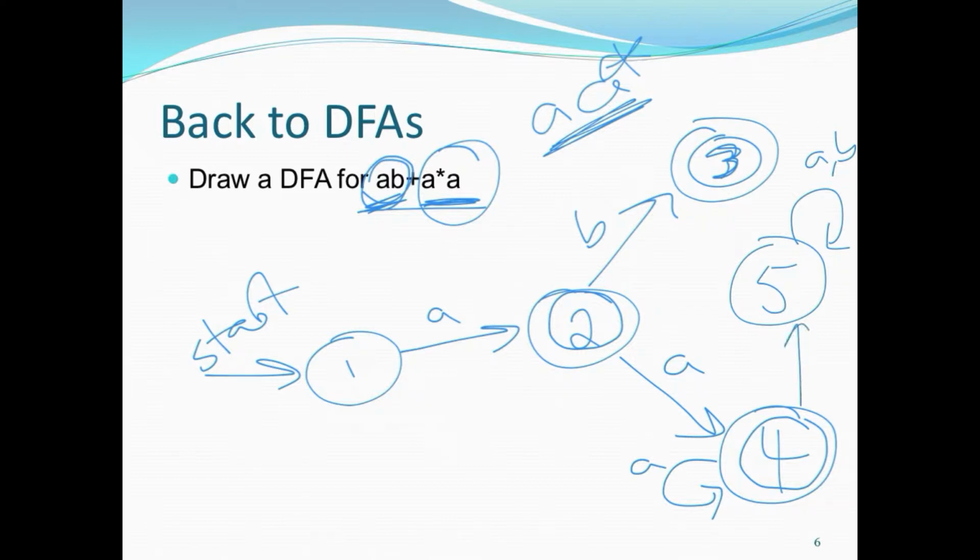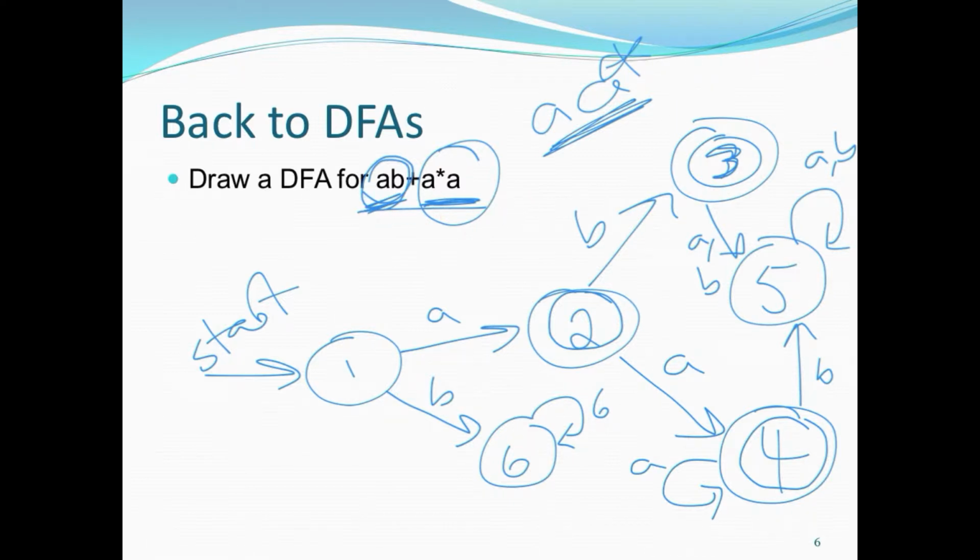So from state 4, if we have a B, we go there. From state 3, no matter what we have, we go there. And state 1, on a B, has to fail. Let's make a new trash state down here so we don't have to cross lines. And that'll be like that. So this is our DFA for this language.